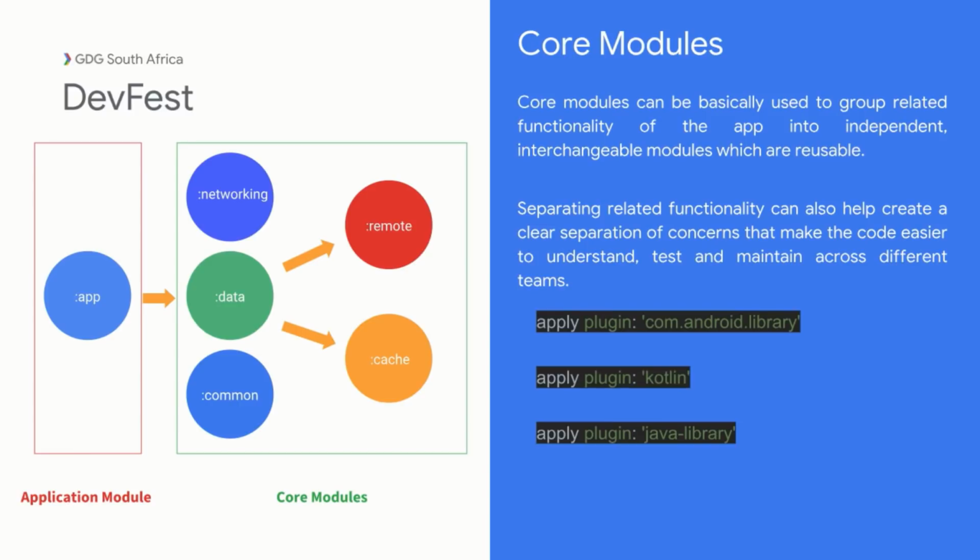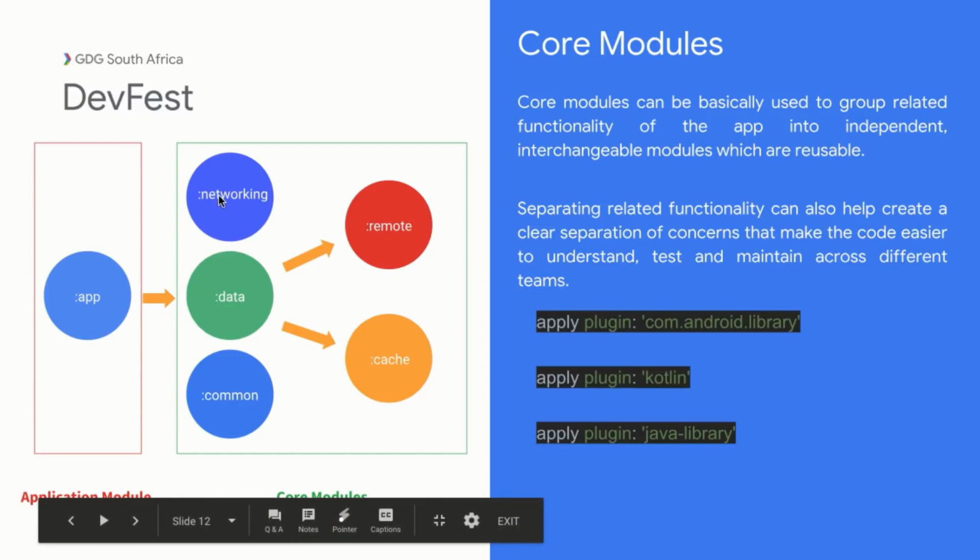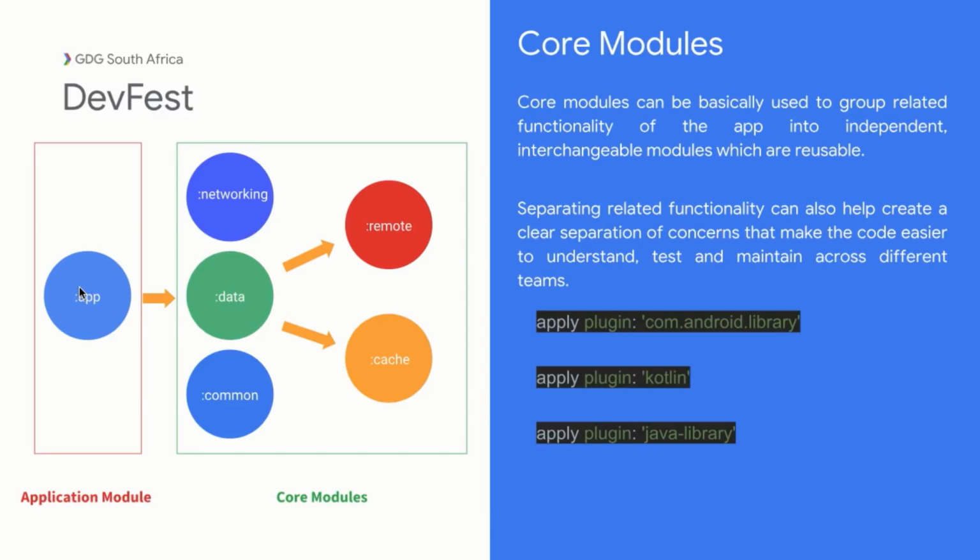So say, in a situation where your app supports a mobile device as well as a wearable device, smartwares rather, each of them would have their own module in this layer here, whereby you are able to run your application on a phone. You are able to run it on a smartwatch, for instance. So those two can be separated out.